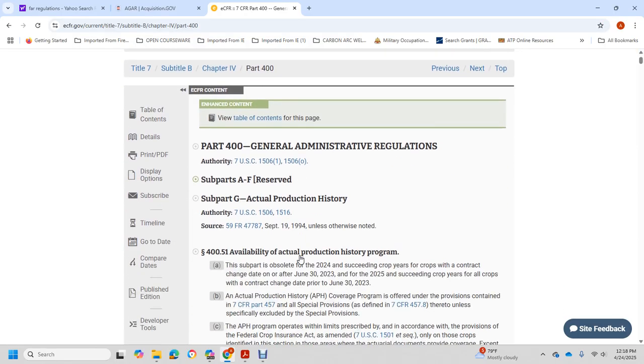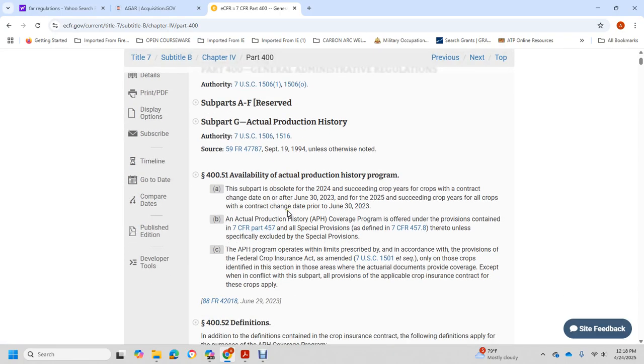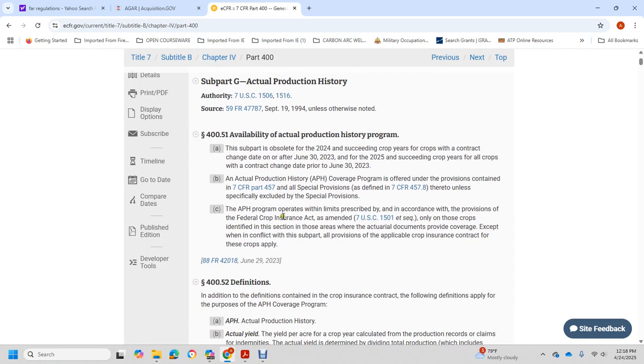Part 400, General Administrative Regulations. Subparts A through F, reserved. Subpart G, Actual Production History, 451 Availability of the Actual Production History Program. This subpart is obsolete with the 2024 and succeeding crop years for crops with contract change date on or after June 30th, 2023, and for 2025 and succeeding crop years for all crops with contract change date prior to June 30th, 2023.